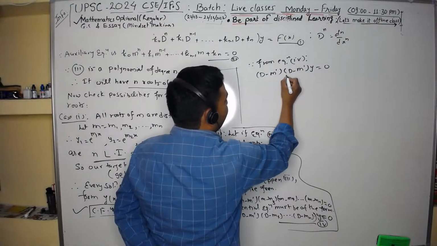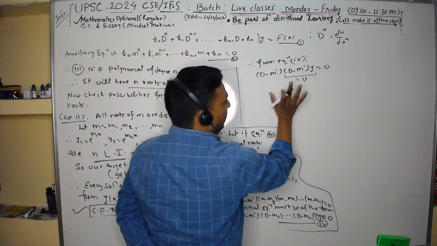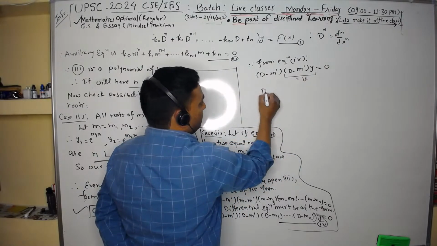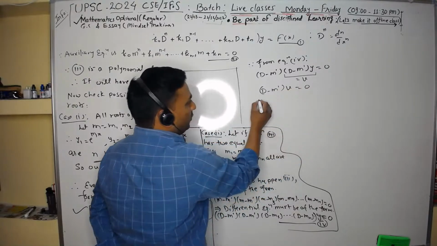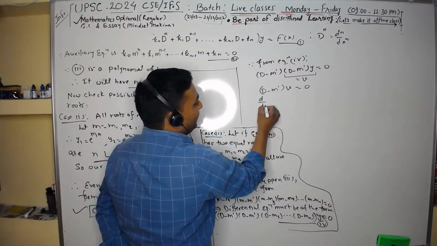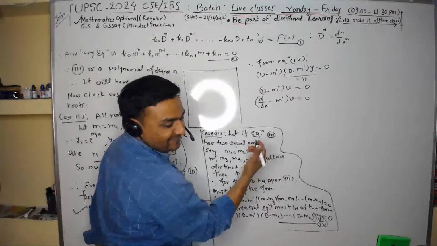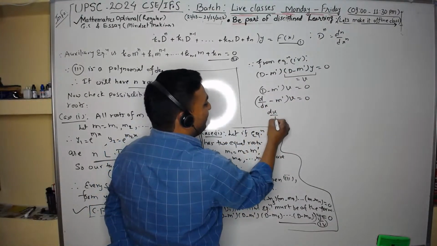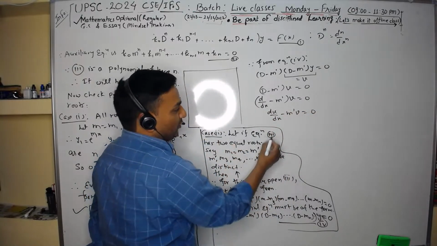Let's say D minus m dash into y equals v. So this will turn out to be D minus m dash v equals 0. D is what? d over dx. Now the fun will come. dv over dx minus m dash v equals 0.